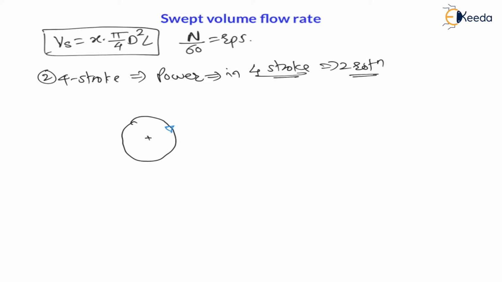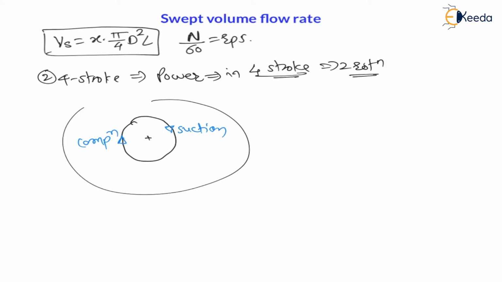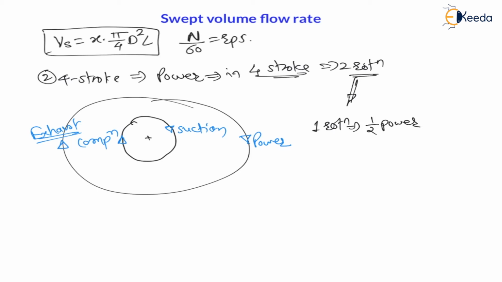During the first rotation, there will be suction and compression. For the second rotation, for half the portion there will be a power stroke, that is expansion, and for half the time there is an exhaust stroke, right? That means the four strokes are for two rotations of the crank. That means for a cycle the complete power is generated after two rotations of the crank. So we can say after one rotation half power is generated. For two rotations full power, means for one rotation half power.